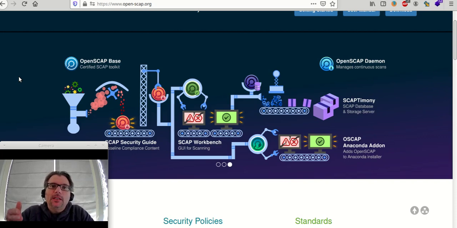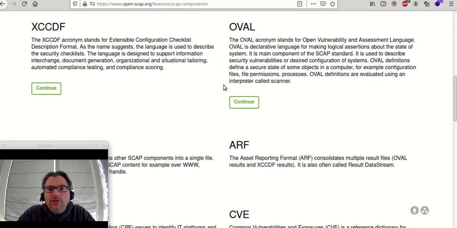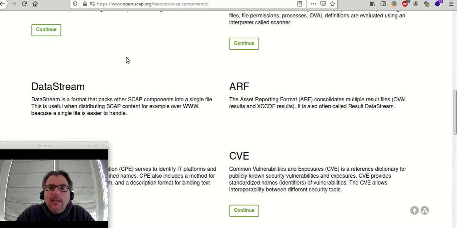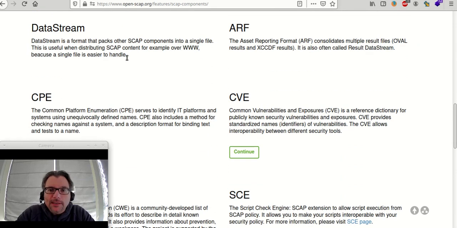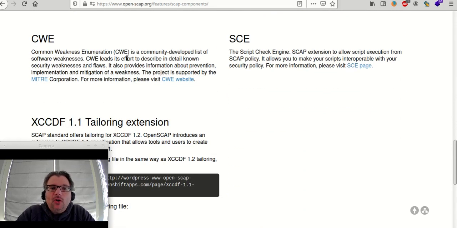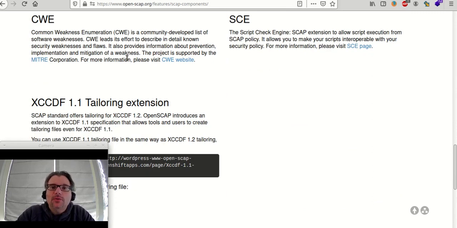SCAP supports tons of formats. It has definitions like OVAL, which contains the definition of a vulnerability, the configuration checklist, a sort of CIS benchmark kind, and it includes the CVE, the common vulnerabilities, and it gives you the full picture of your security posture.